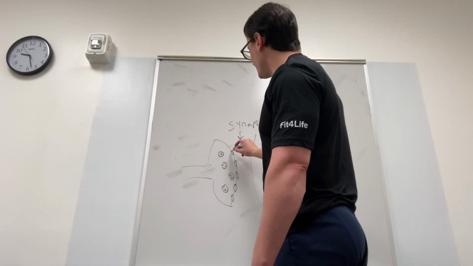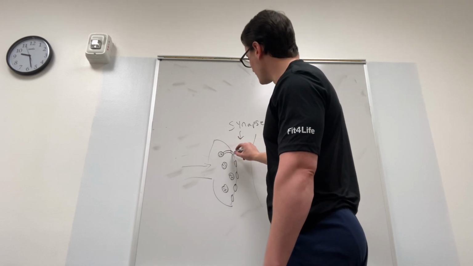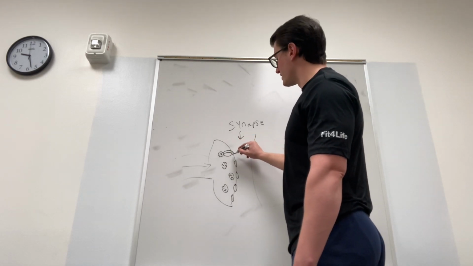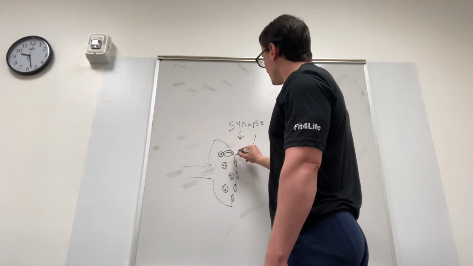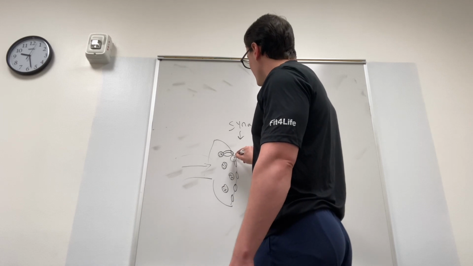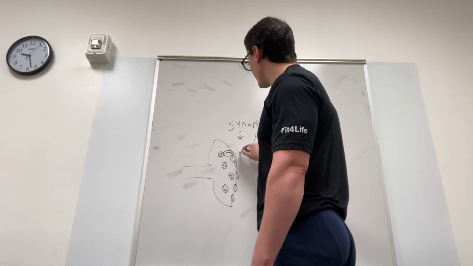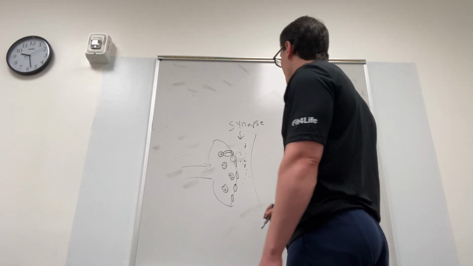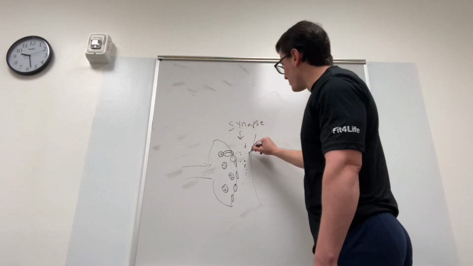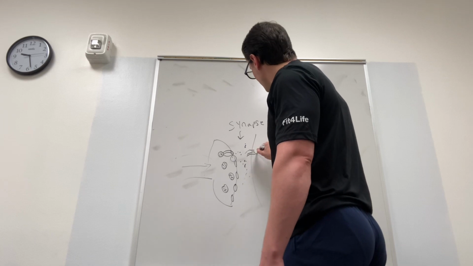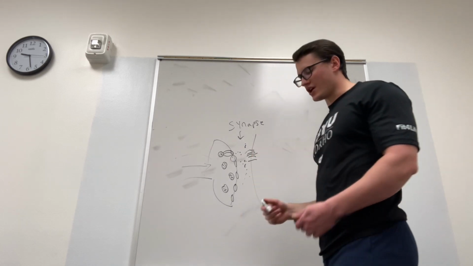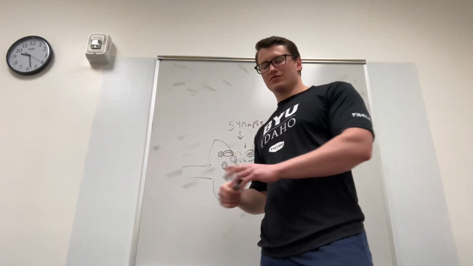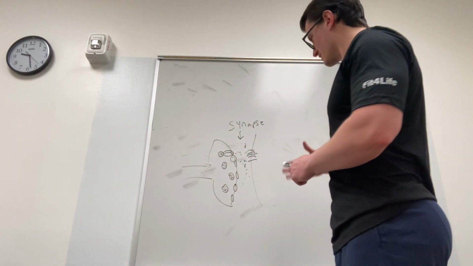Now these SNARE proteins are going to grab onto these vesicles. They're going to pull them in towards the synapse. Once the vesicles reach the edge of the synapse, they'll actually dump their contents into the synapse, where we're going to have receptors that pick up those neurotransmitters and move the signal to the next neuron.